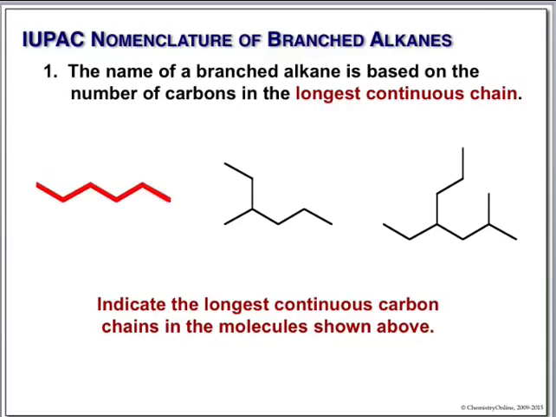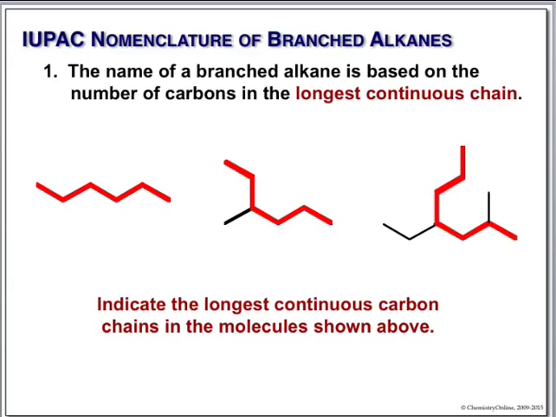Over here, our longest chain, well, probably we want to start up here, 1, 2, 3, 4, 5, 6. On this side, 1, 2, 3, 4, 5, 6, 7. Either go up or down, doesn't matter. So that's our first thing.